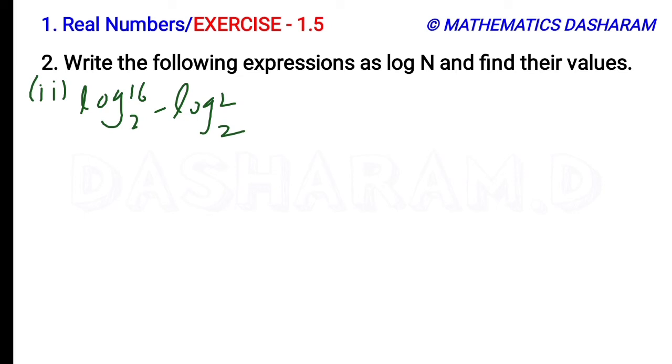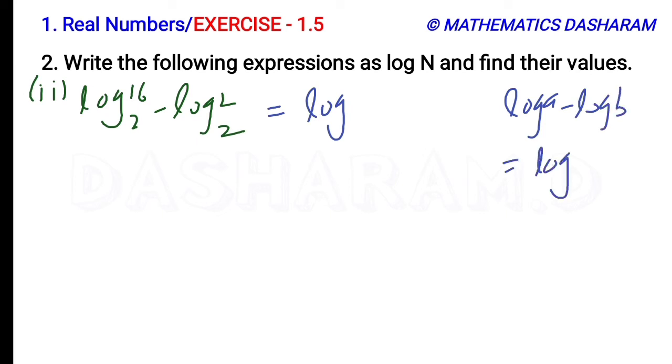Second question, log 16 base 2 minus log 2 base 2. So log 16 base 2, here suitable formula is log a minus log b equals to log a by b. So then log 16 by 2 base 2, and 16 by 2 answer is 8 base 2.